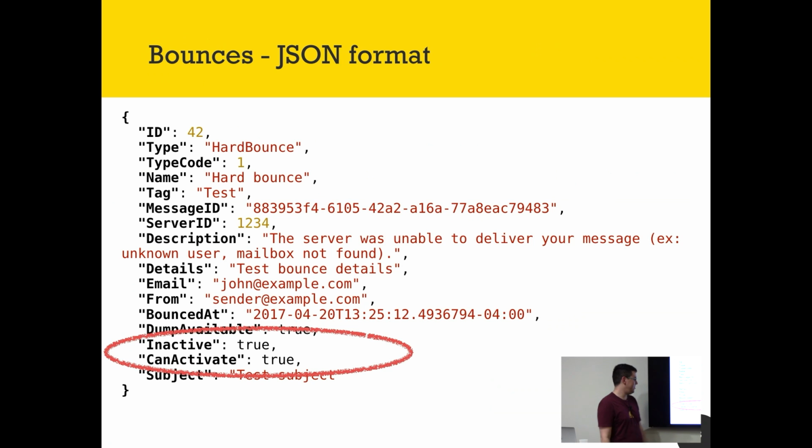They're breaking up with you. That's the differentiation between these two fields. And obviously, we provide the description and details that the remote mail server gave us for the exact reason why the email bounced. They're kind of an art to read sometimes to determine the reason, but we give it to you so you can handle it.